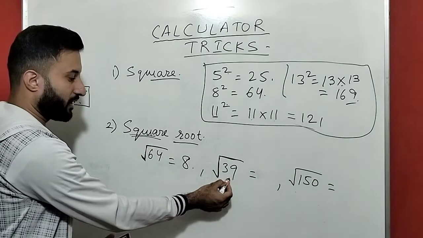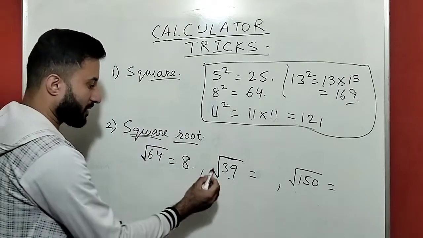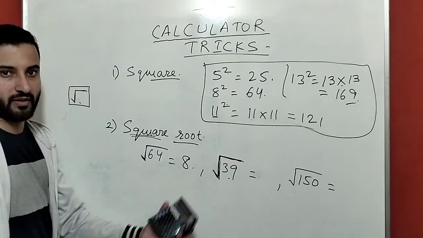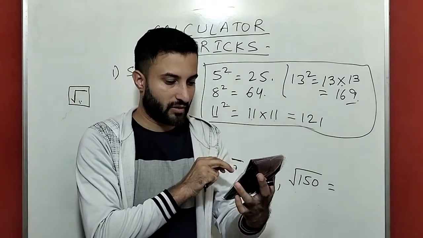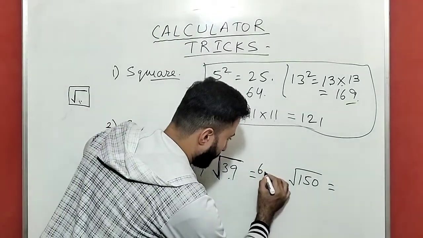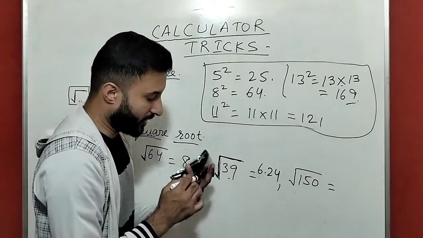So after typing 39, I will press this for finding the square root. So it is 6.24. Now 150.